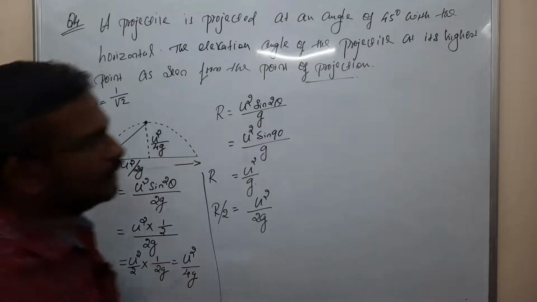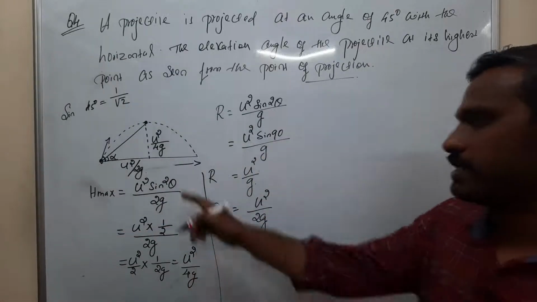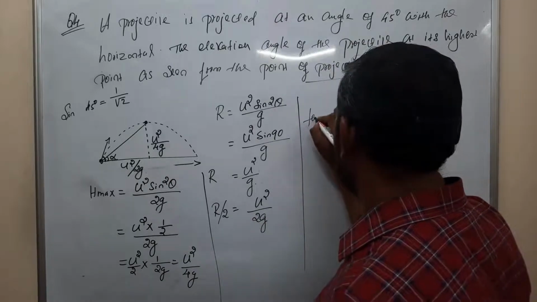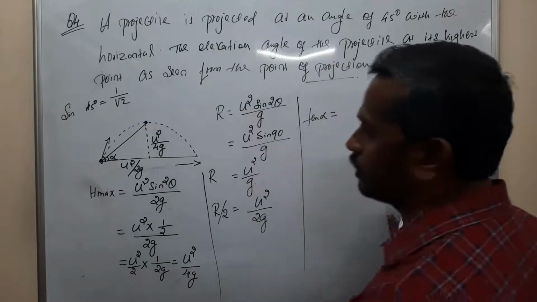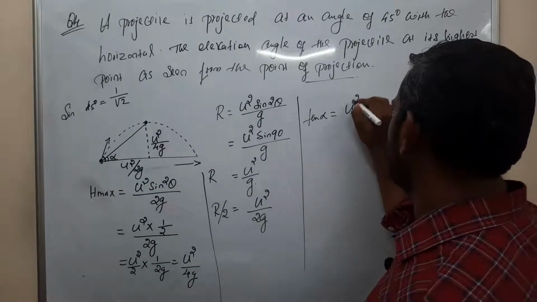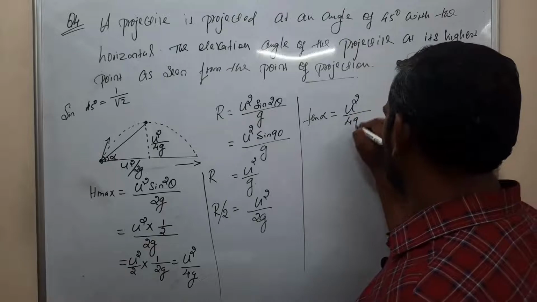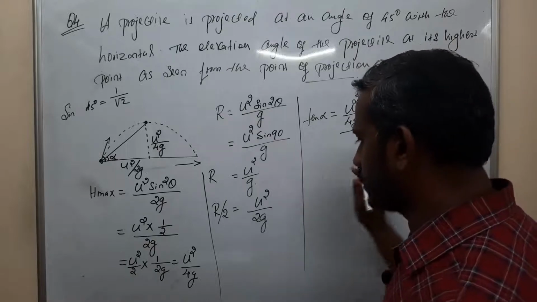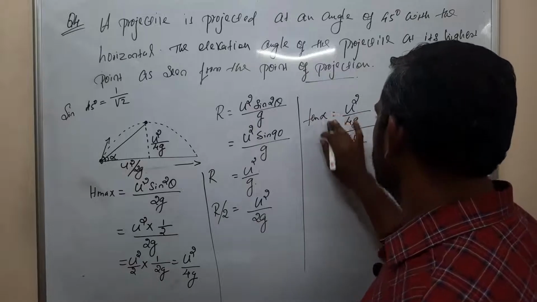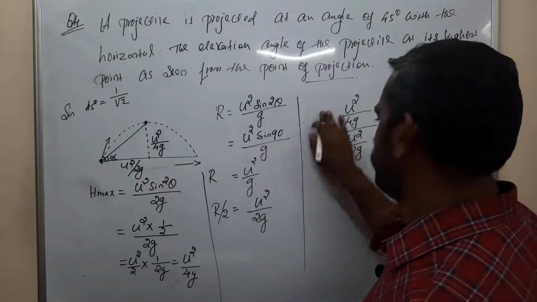Okay, so from this angle, tan alpha is equal to opposite side by adjacent side, that is U square by 4g divided by adjacent side, that is U square by 2g.